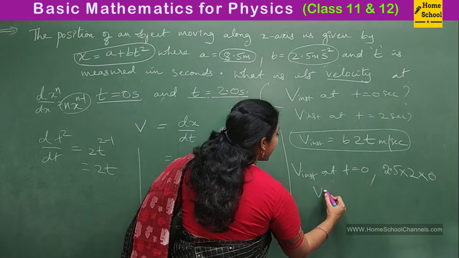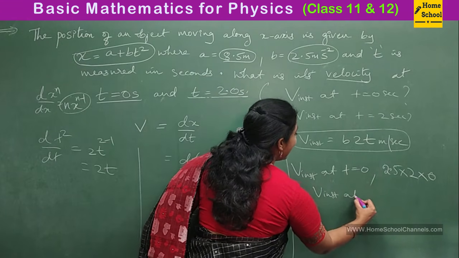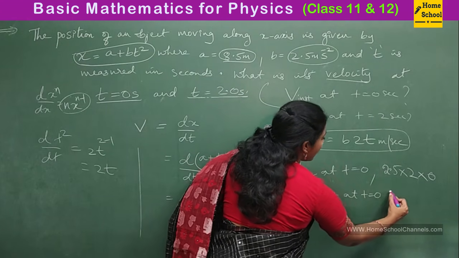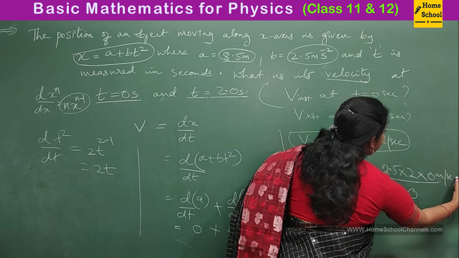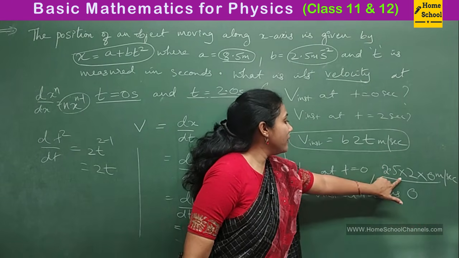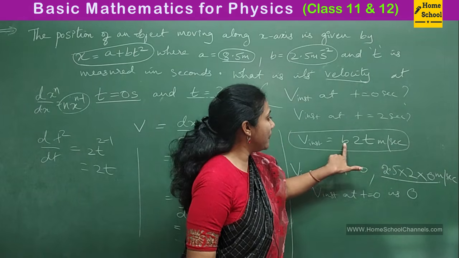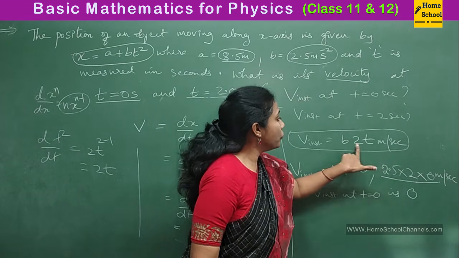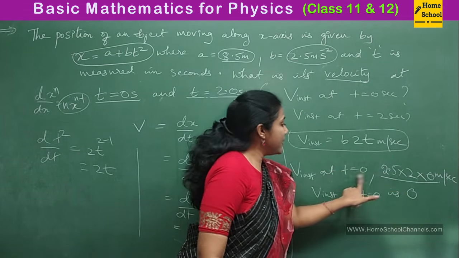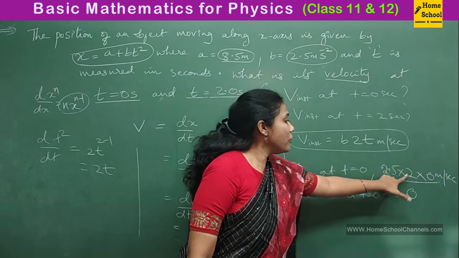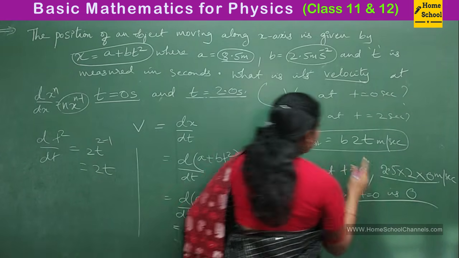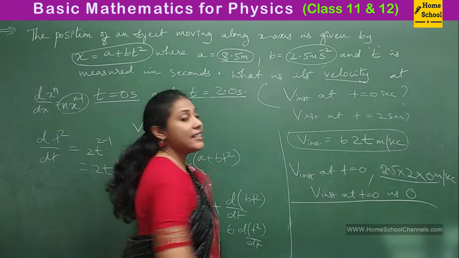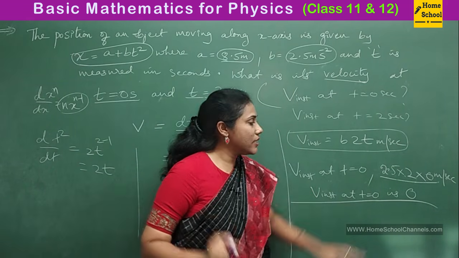So your instantaneous velocity at t is equal to 0 is 0 only, right? 2.5 is the b value, into 2 into time. Time is 0. Substitute t is equal to 0 in this form. So when t is equal to 0, your instantaneous velocity is also 0.